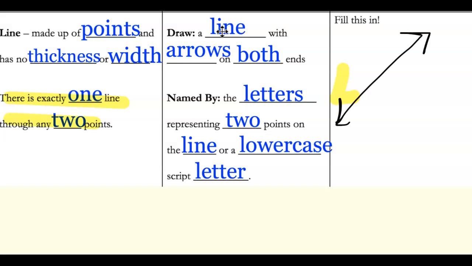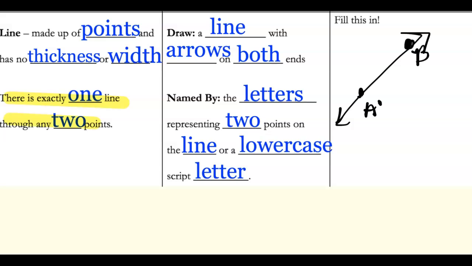Again, it has arrows in both directions. That would mean that it continues on infinitely in both directions. And then we would put some points on that line. We'll call one point A, and then another point B.